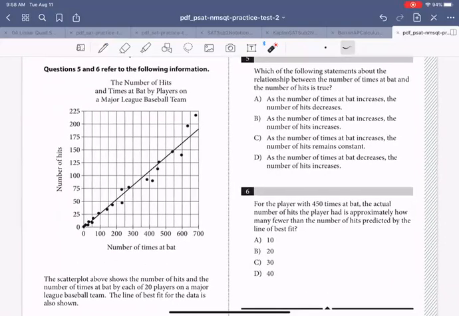Which of the following statements about the relation between the number of times at bat and the number of hits is true?